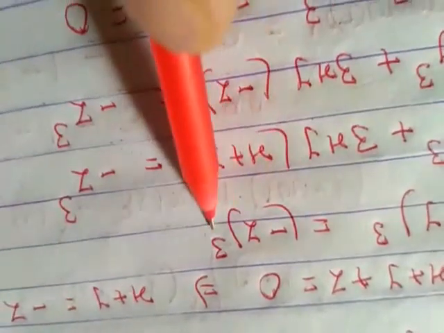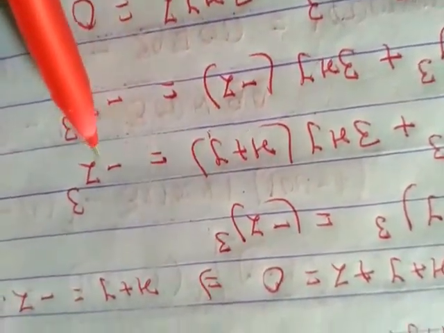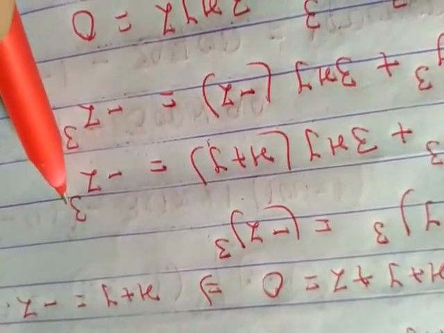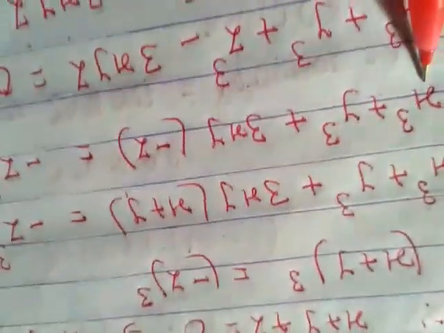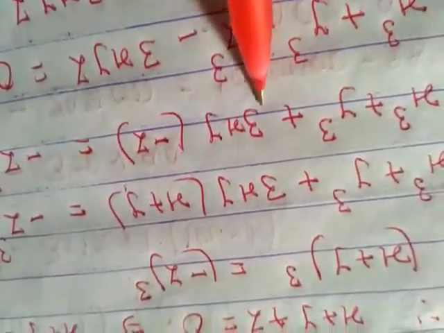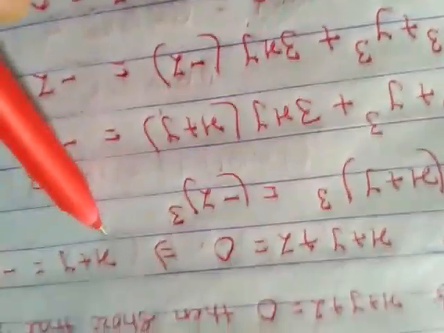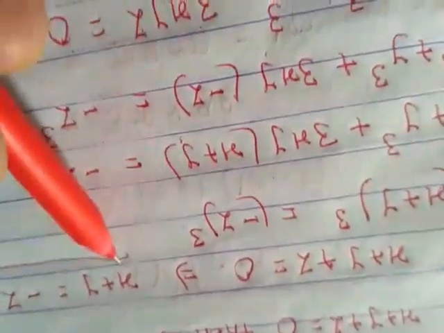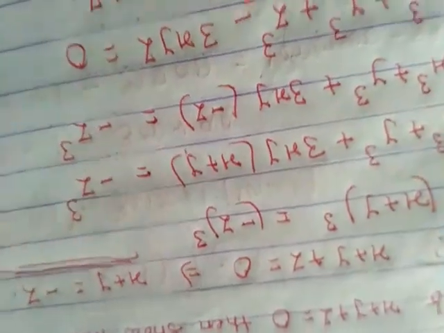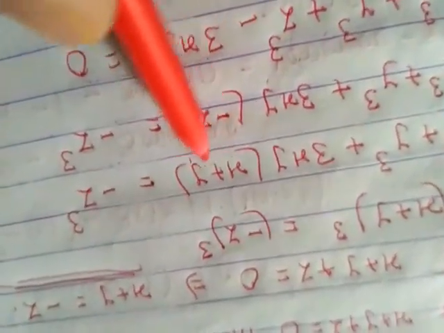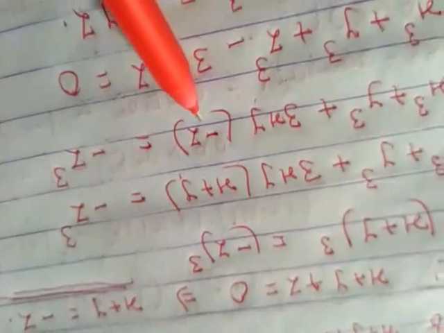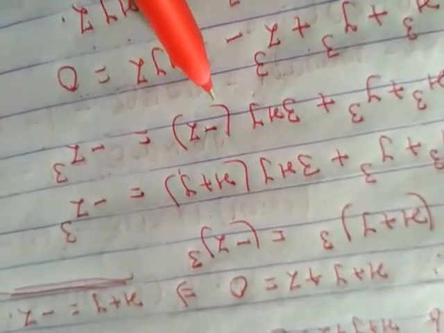Now we have x cube plus y cube plus 3xy, and we know that x plus y is equal to minus z. So we substitute the value of x plus y by minus z here. It becomes 3xy into minus z equals minus z cube.